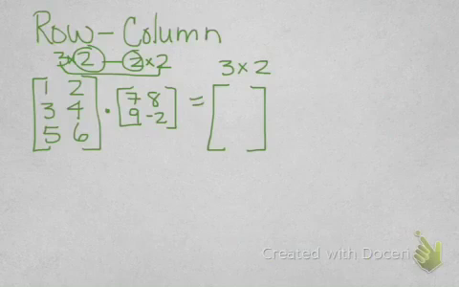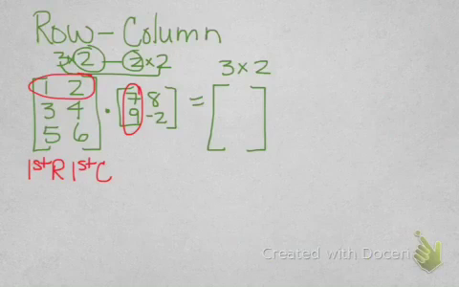So what I'm going to do is take the row of the first matrix, multiply and add it to the column of the second matrix. So first row, first column is going to look like this. I take the first term and multiply it by the first term, so 1 times 7, and then the second term times the second term, so 2 times 9, and I'll add those together.